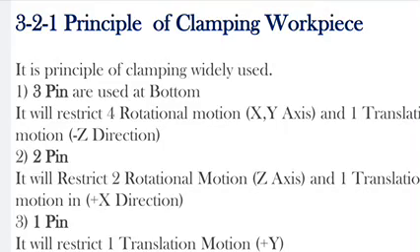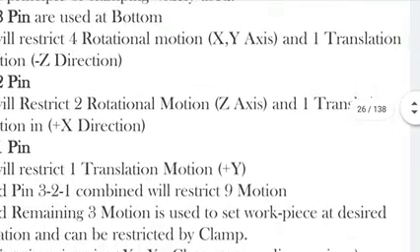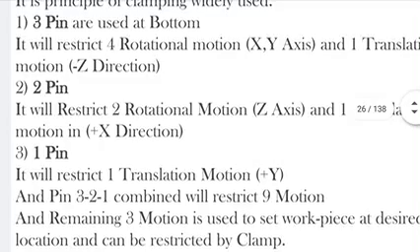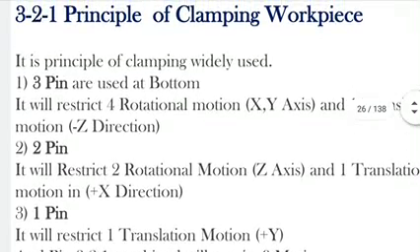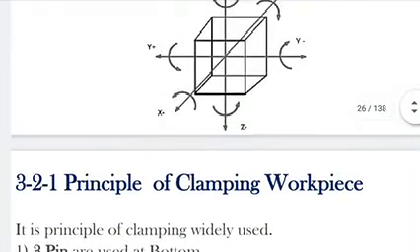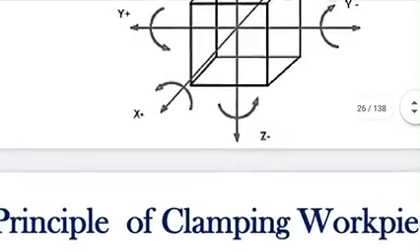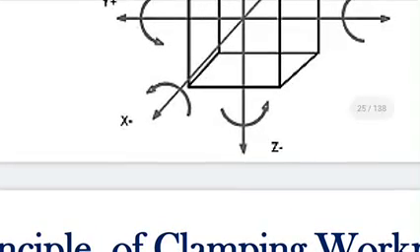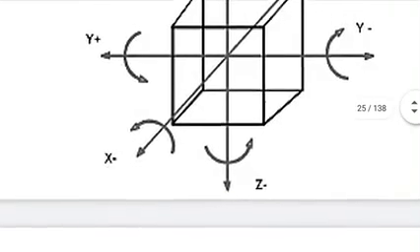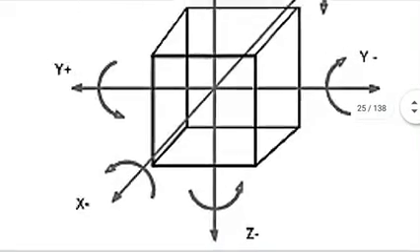These 4 rotational motions and 1 linear or translational motion are associated with the minus z direction. You can see over here x clockwise, x anti-clockwise, y clockwise, y anti-clockwise, and z. That means the pin positions must be at these positions: pin 1, pin 2nd, and pin 3rd.